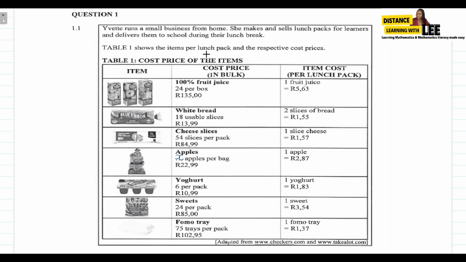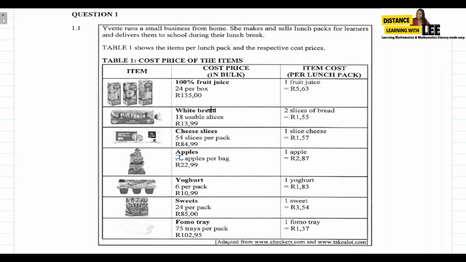Then we are given the cost price in bulk for all these items. So when Yvette goes and stocks these items, this is how much she pays for them in bulk. When she buys a box of fruit juices, in that box there are 24 fruit juices, and that costs her 135 rand.